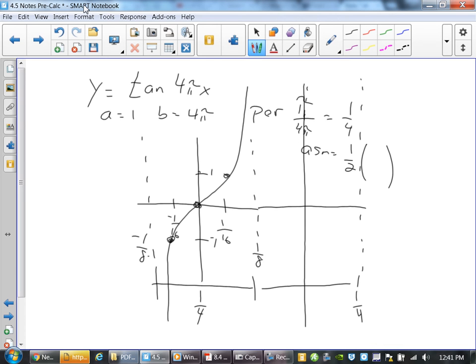I'm just quickly adding it to the common denominator, because this distance from here to here should still be 1/4. So adding 1/4 to an 8th is the same thing as adding 2/8. So this would be at 3/8. Okay, so between 1/8 and 3/8 is still a quarter. And then you'll be able to get your halfway point, which would be at 2/8, which has to be that 1/4 again. And go from there.